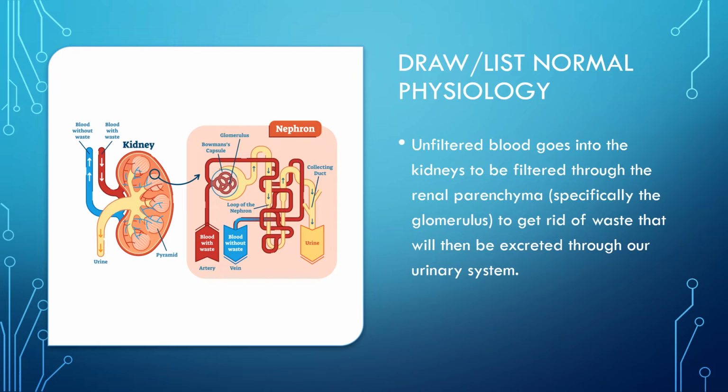The unfiltered blood goes through your glomerulus and gets filtered through. So then the clean blood goes back into your venous system, while whatever needs to be excreted goes through the yellow duct in that picture and eventually goes through your urinary system and gets excreted as urine.